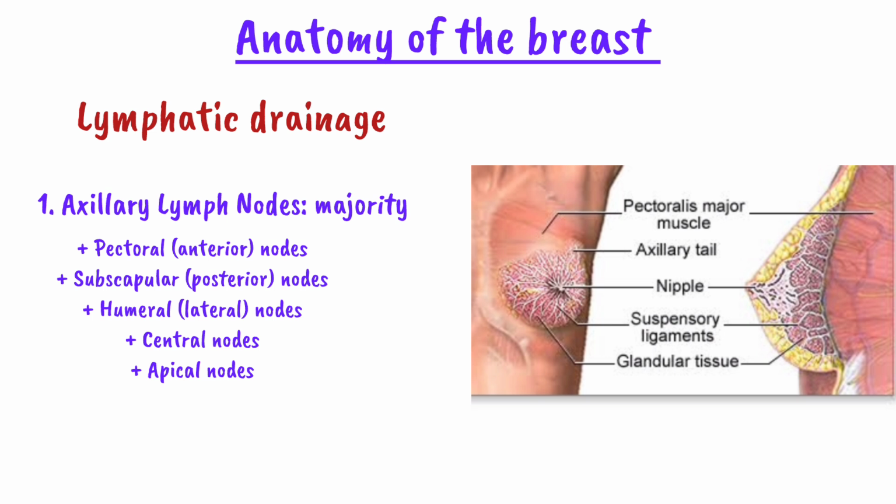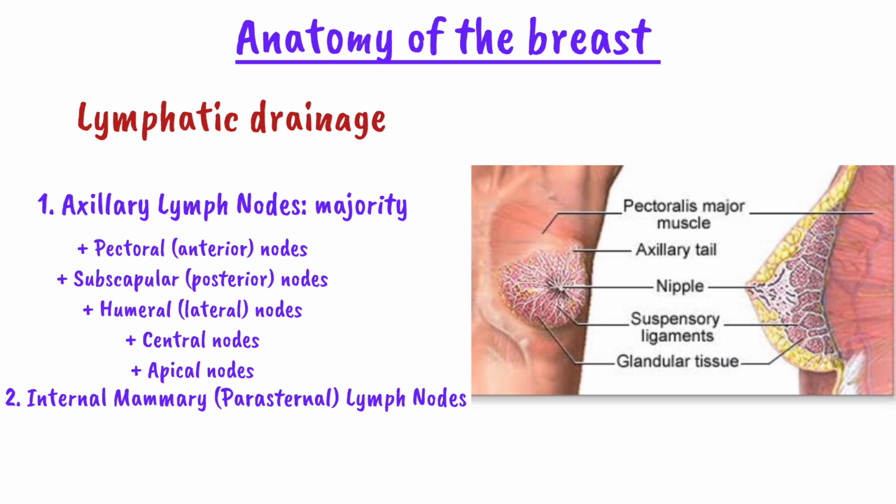Then the second group is the internal mammary lymph nodes, which are also called the parasternal nodes. Now these nodes are located near the sternum, and they receive lymph from the medial aspect of the breast. They are important in cases where cancer spreads centrally.